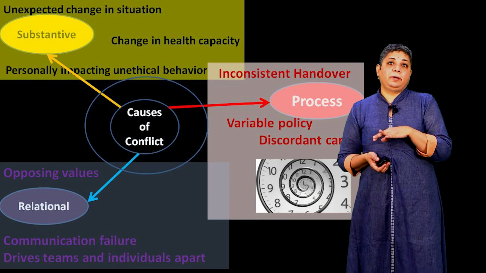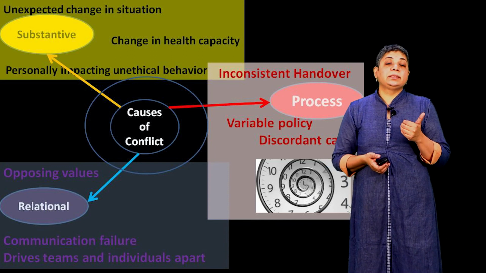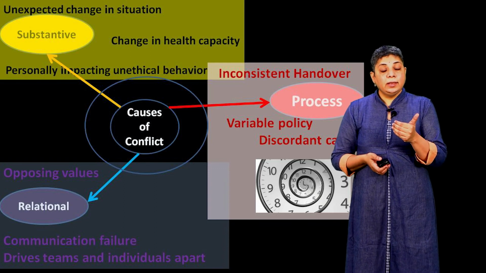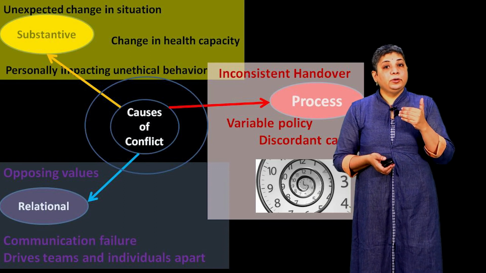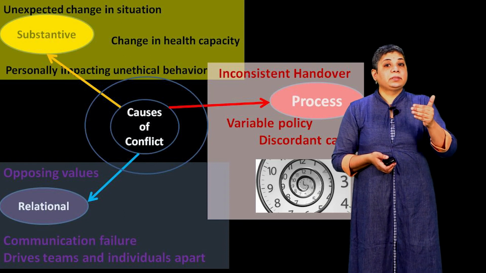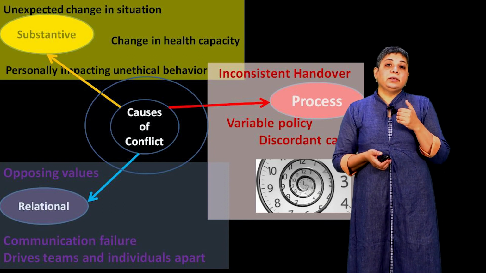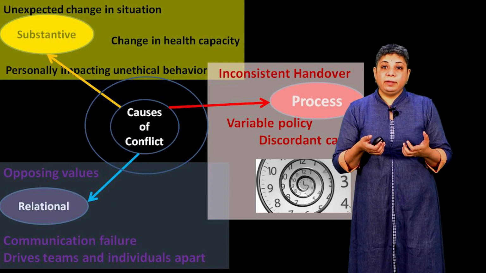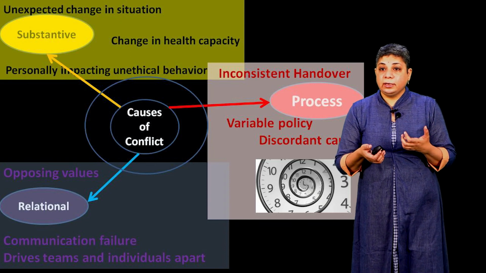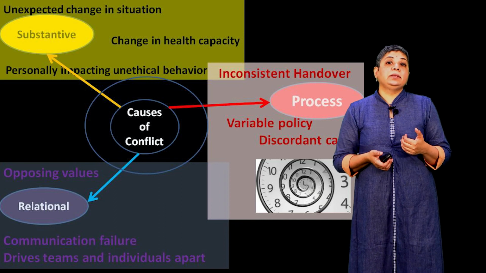The next is process issues. These arise when the family says that there are discrepancies, when they feel that during handover or during decision making, the process has not been correct or fluent, and you're hearing variable information, different things from different people, or you see that care is discordant.